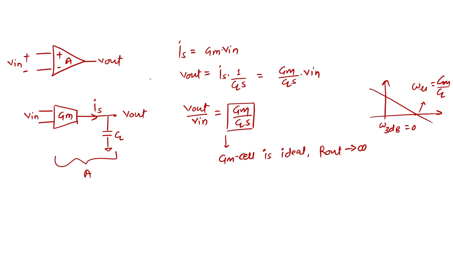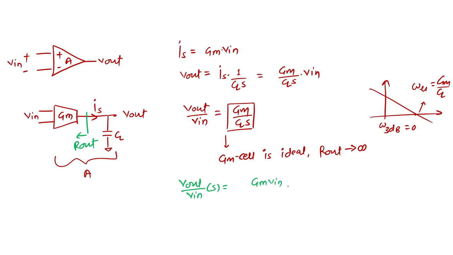But when we have the practical GM cell, meaning I have some finite output impedance also, this gain term V out by V in of S can be reduced to GM by what should I say. What is the current? My current is GM V in.